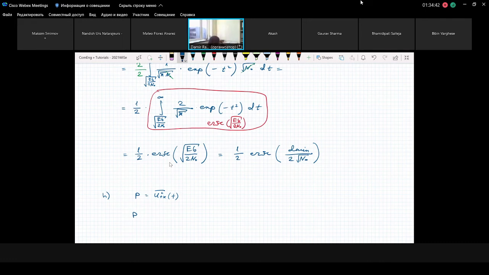For example, we transmit bit equals to 0. I ask you what's the power during this transmission? Not average, but if you transmit bit equals to 0, what is the power? You answer that power equals to 0. Yes, Vivek, you're right. Bit equals to 0. And also Nandish, because we didn't transmit anything.